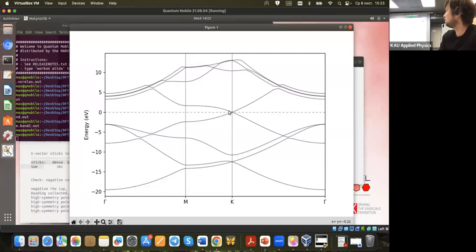It gives this semi-metal behavior of graphene. So this is very interesting, because with slight changes in temperature, we have a lot of these relativistic electrons.